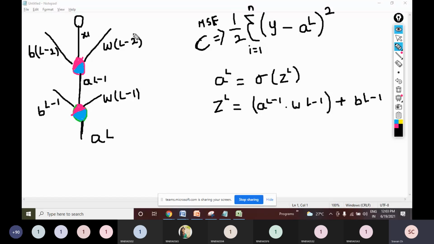Weight I need to put randomly. Bias I need to put randomly. Here AL minus 1 is the output generated from this node, so I know this value. But the weight and the bias at L minus 1 I need to put randomly. So AL minus 1 I will not put randomly, I know the result here.